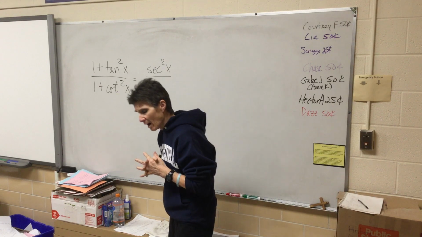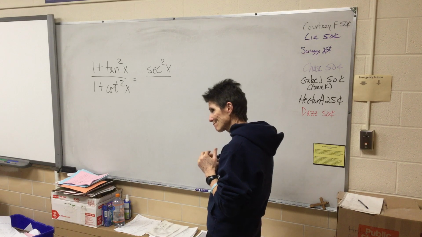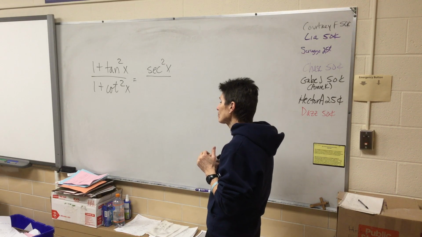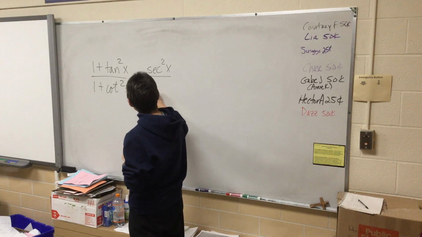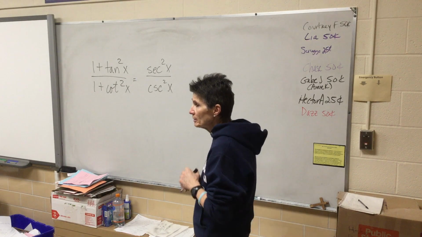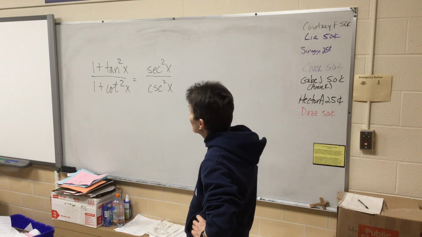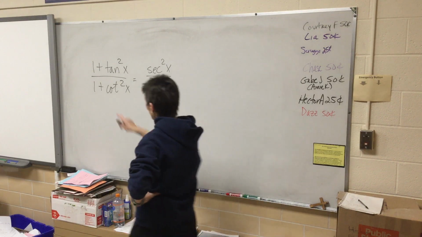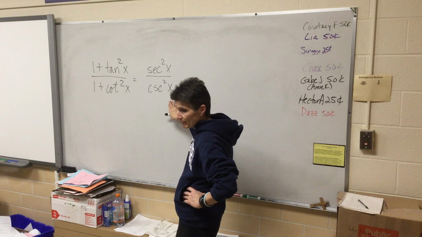Now, what about the denominator? It's cosecant squared. It is. There's an identity or an equation or a formula, whatever you want to call it, on your colored sheet that literally says 1 plus cotangent squared is cosecant squared.